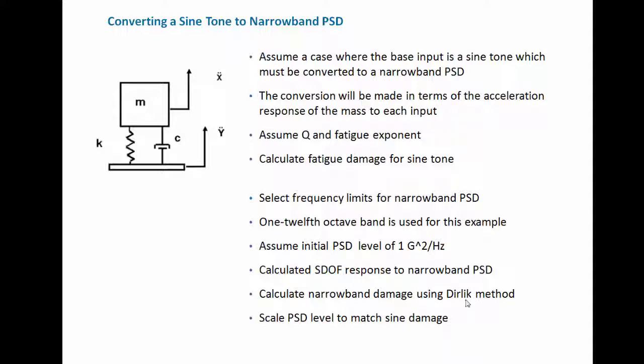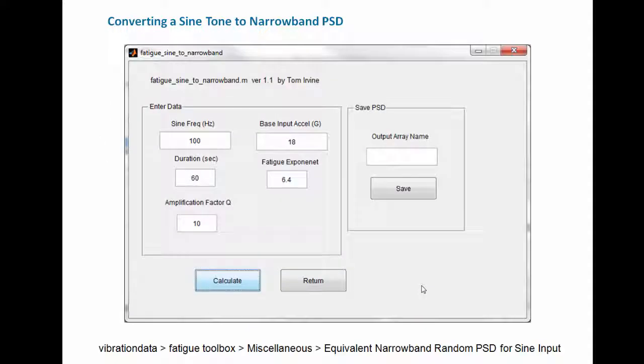Now the Dirlik method is going to give us, in almost all cases, unless we got really lucky, a different damage value than did the sinusoidal response analysis. But that's okay, because we can just make a ratio of the two different damage values and rescale this g² per hertz level accordingly. And it turns out this is actually pretty quick and simple to do.